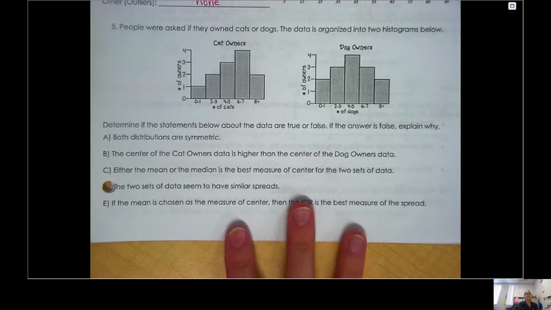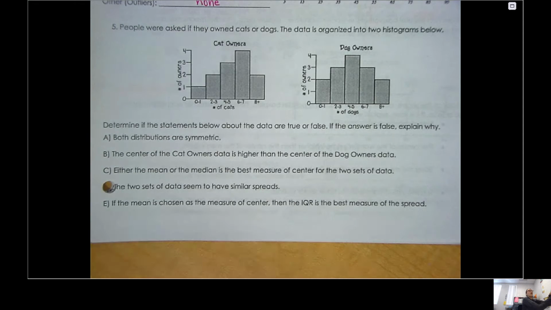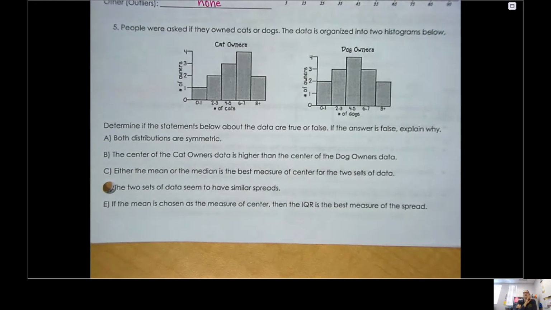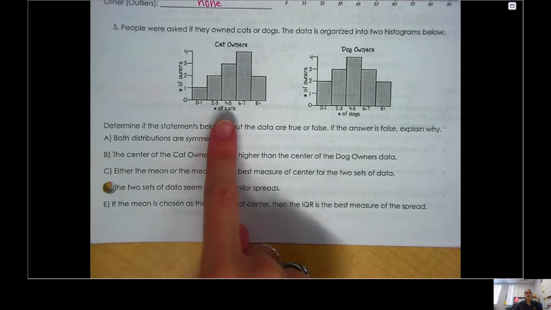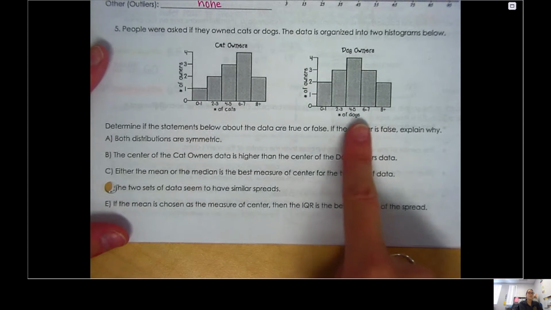All right, now for number 5, there are 2 different graphs. You're going to have to compare the 2 graphs. It says people were asked if they owned cats or dogs. The data is organized into 2 histograms below. You've got your histogram on the left about cats, histogram on the right about dogs.